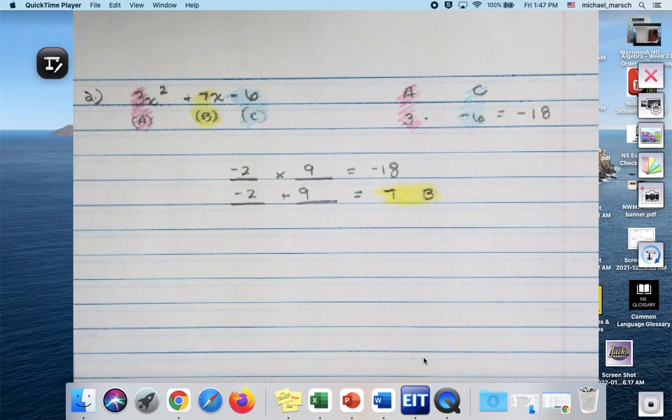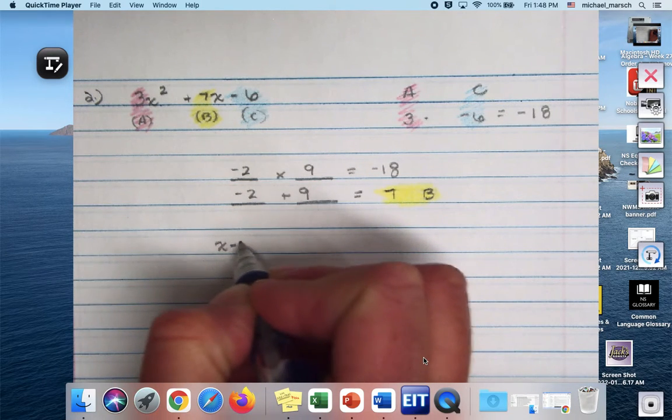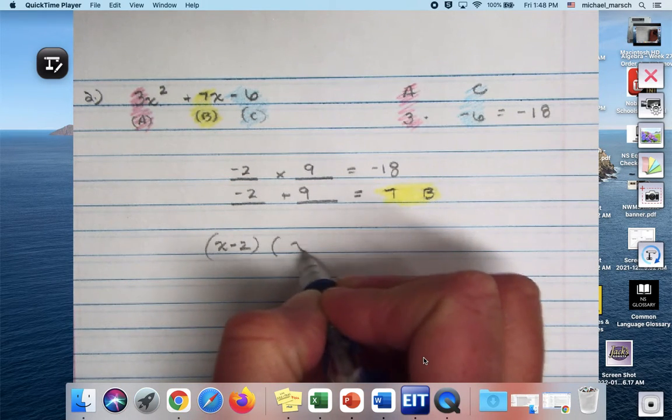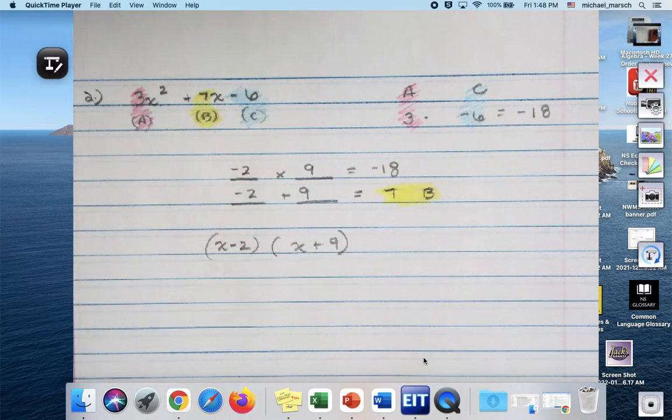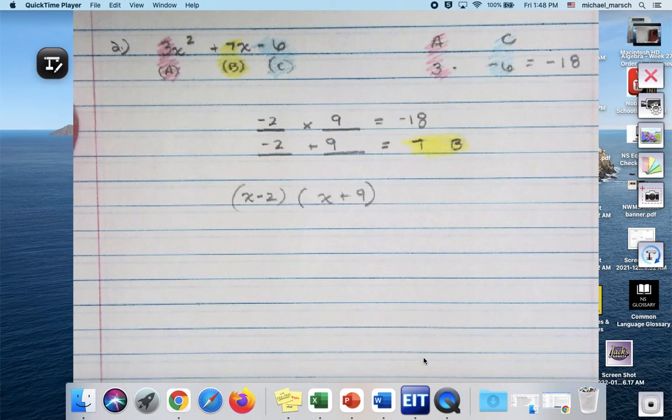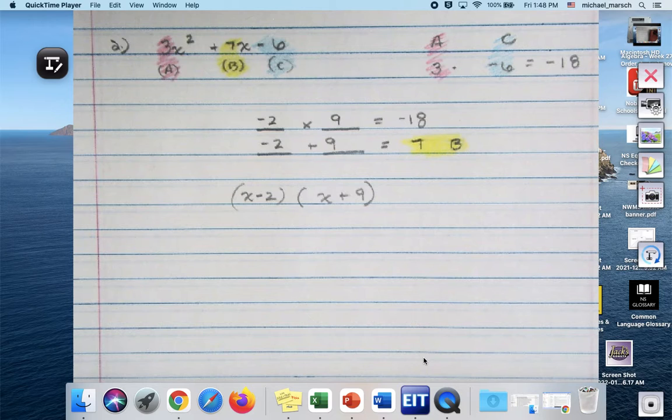Step 3. Addie. Use those values to create two quantities. Sure. So I've got x minus 2 times x plus 9. Wonderful. Step 4. Eden?